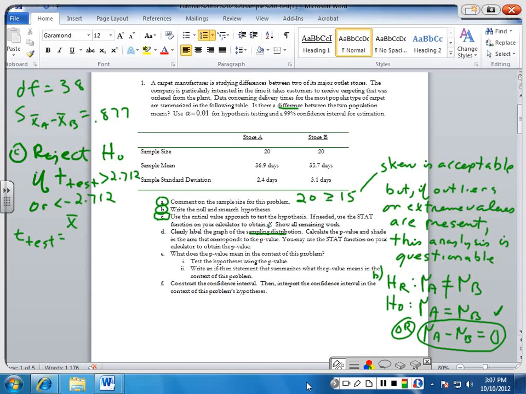As the statistic, x bar A minus x bar B, minus the hypothesized parameter, mu A minus mu B hypothesized, divided by the standard error.